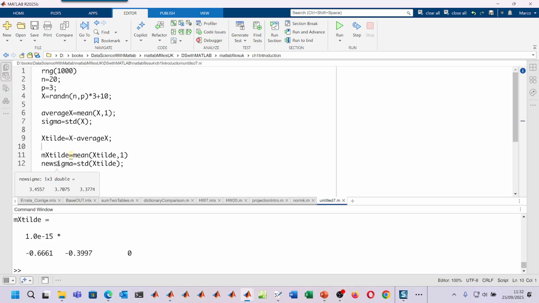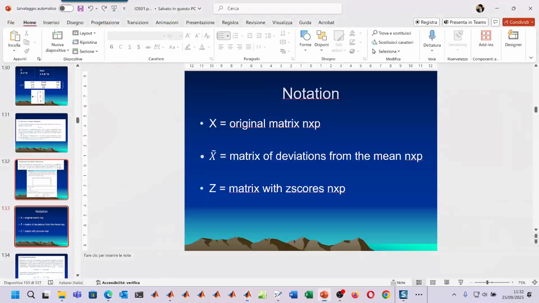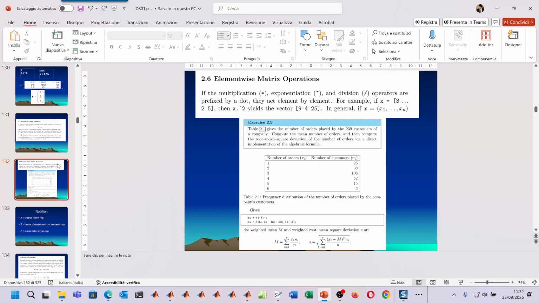the sigma absolutely remain the same. You can do a translation of each column and the standard deviation is the same. It is very clear from here. You take these deviations from the means, and in the deviations from the means, they have mean 0.